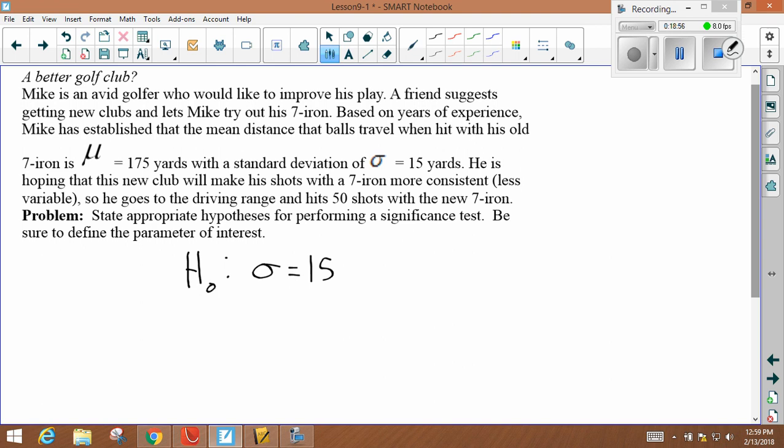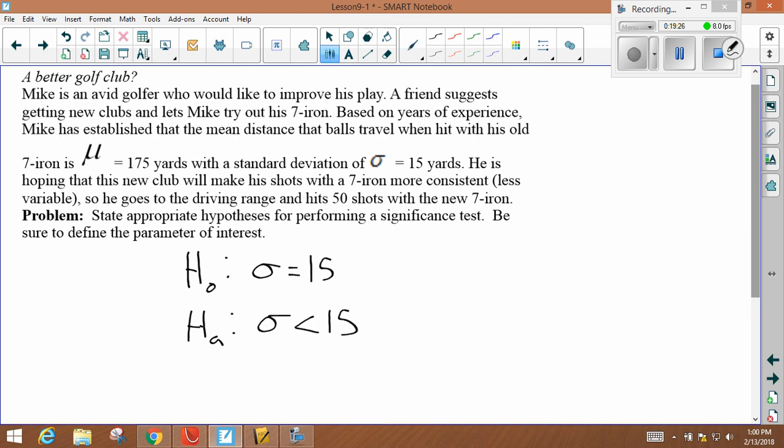His friend would like to find evidence to refute that claim. So his friend would really love it if his alternative hypothesis is true and his standard deviation becomes less than 15. So if he needs a new 7-iron, then it should be the case that the standard deviation is less than 15.